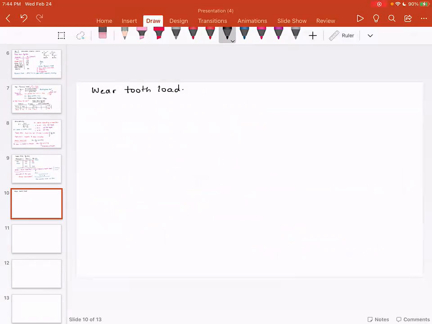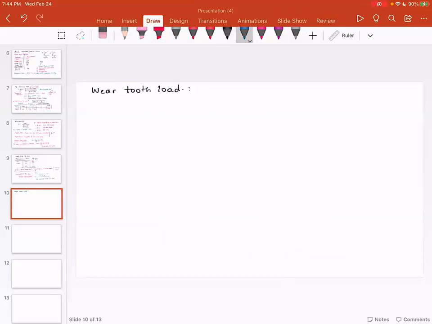So the wear tooth load is the maximum load that the gear can carry. And this wear tooth load depends on different parameters, for example, the face width, the pitch circle diameter, the ratio factor, the velocity ratio, load stress factor, and so on. But I just have to give you some idea on where this wear tooth load is coming from.